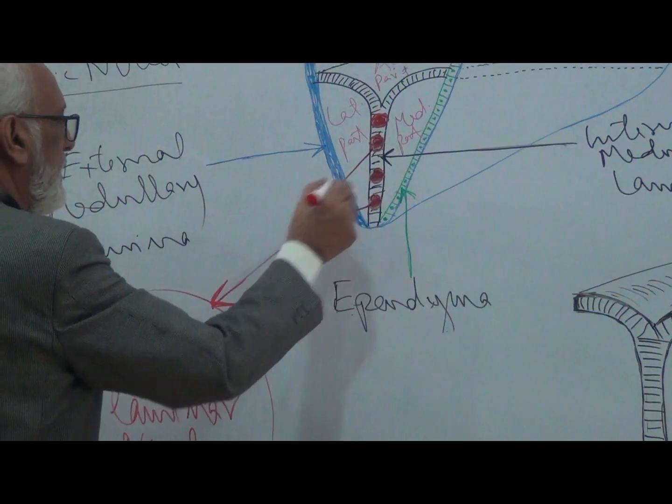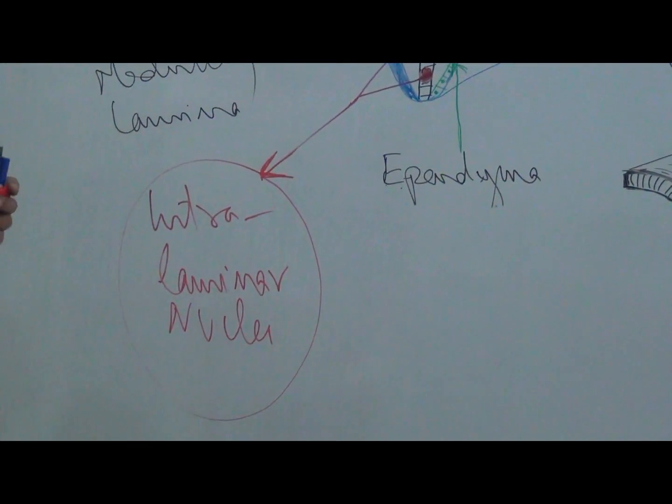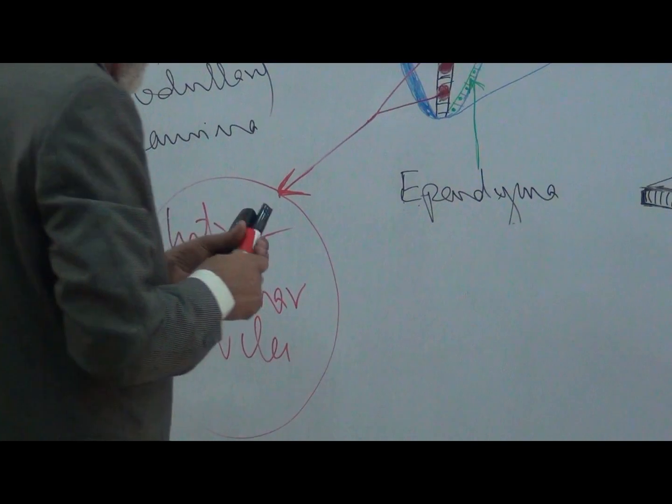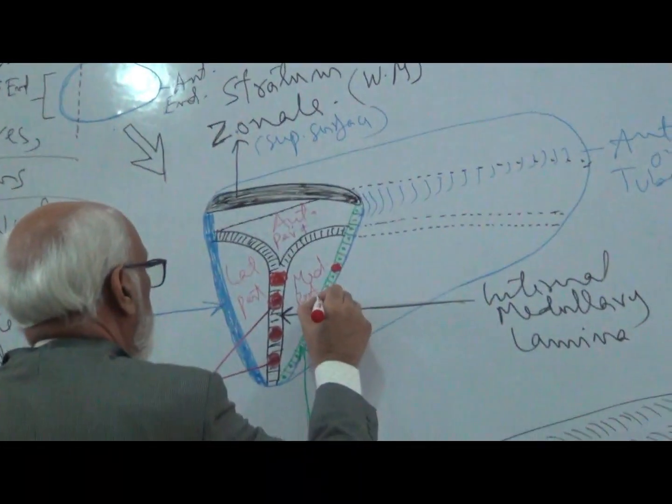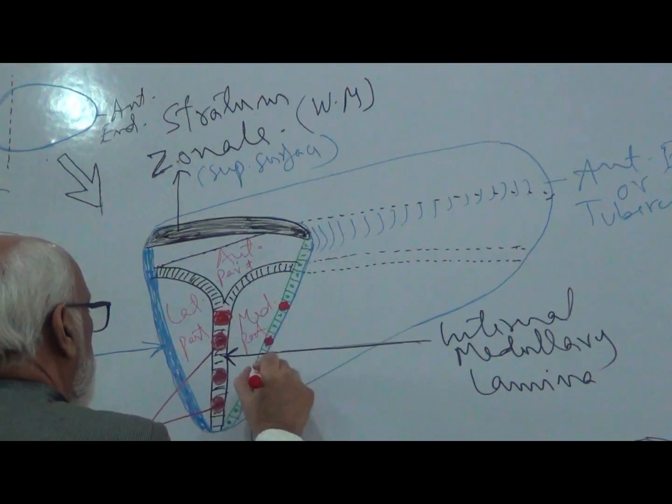Then there are nuclei embedded in the medial wall, the ependymal lining.